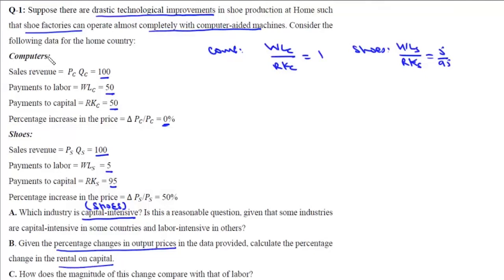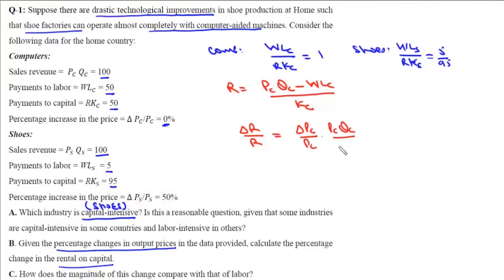Now again, we'll start with computers. So we can write this rent R as PCQC minus WLC upon KC. We'll again find percentage change. So we'll write delta R upon R, and there'll be delta PC upon PC, and will be PCQC upon RKC minus delta W upon W into WLC upon RKC.